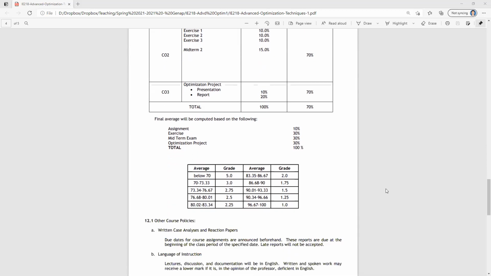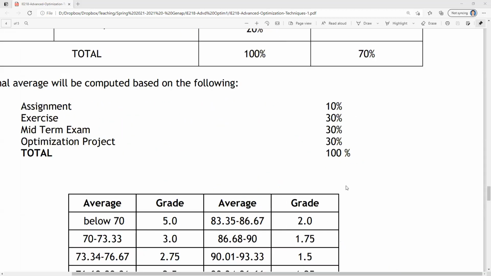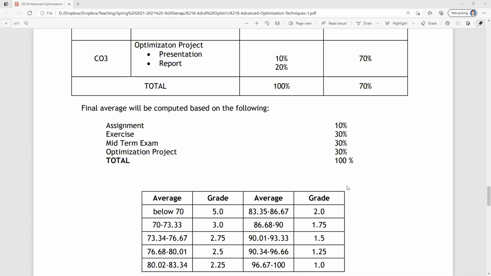And the grading will look like this. I think this is the default from the previous template that I've just modified a little bit by adding the optimization project instead of the final term exam.